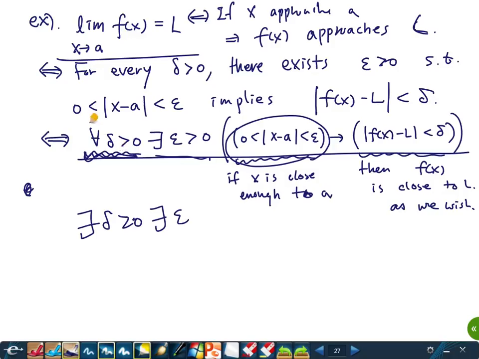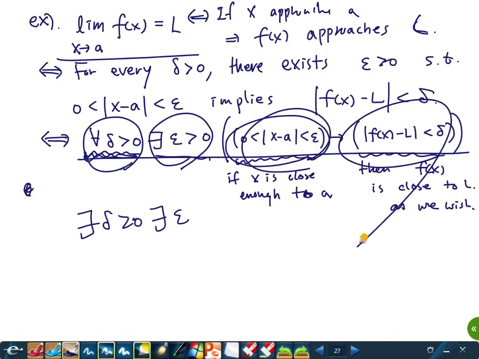But if you have for all delta, there exists epsilon, for every circle, for any circle that anyone draws, if you focus enough, your arrow will go inside the circle. This is the philosophy of the epsilon delta argument, and in this way you can feel it's more natural than before, right?